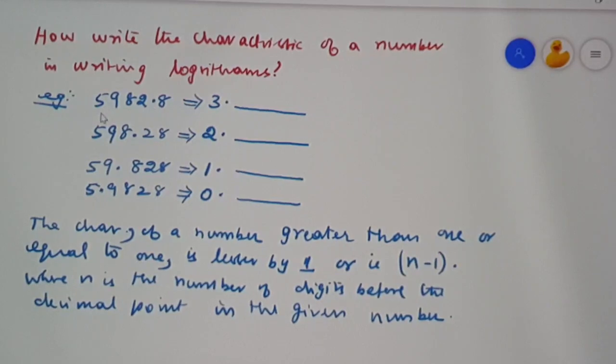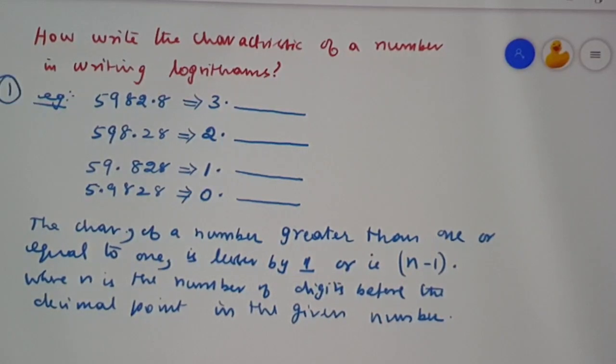That number of digits prior to the decimal point decides the characteristic. If the number of digits prior to the decimal point is n, then the value of the characteristic part in the logarithm is n minus 1. If the number is greater than 1, let us take this as part number 1.